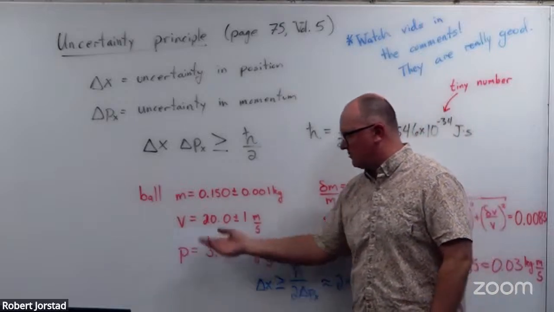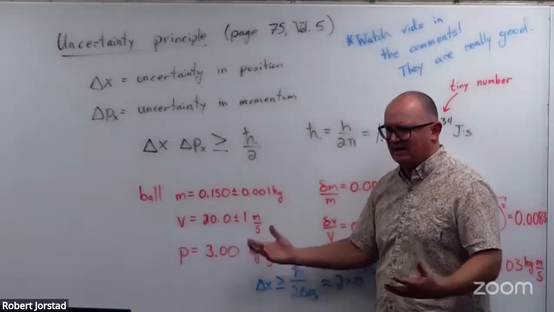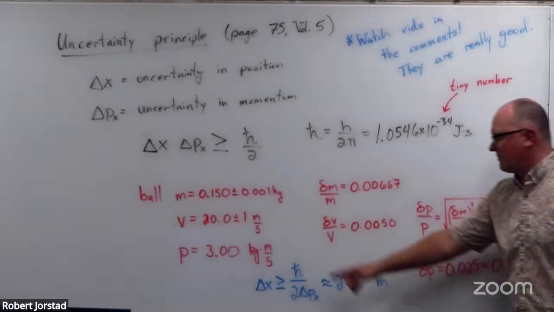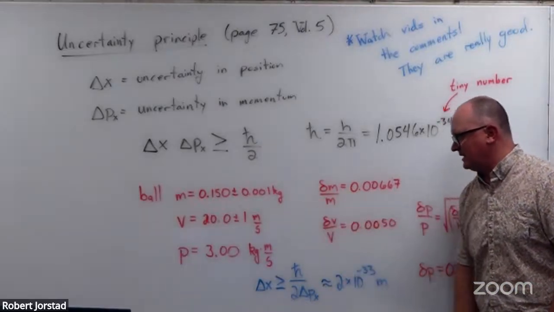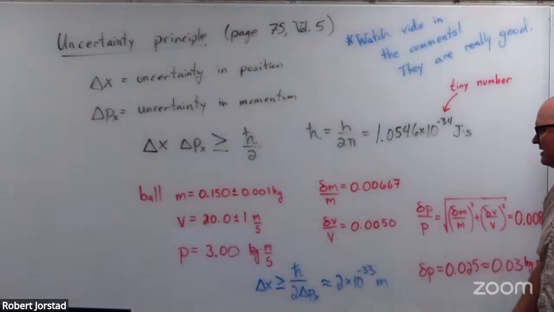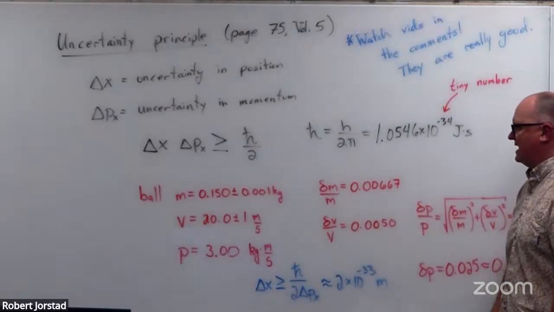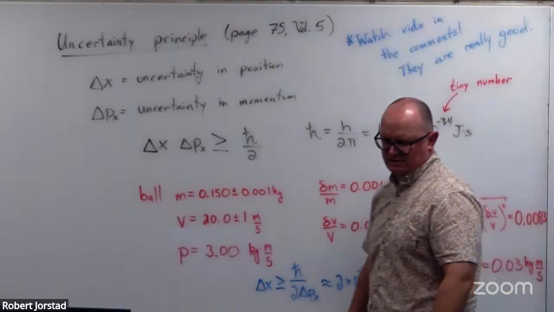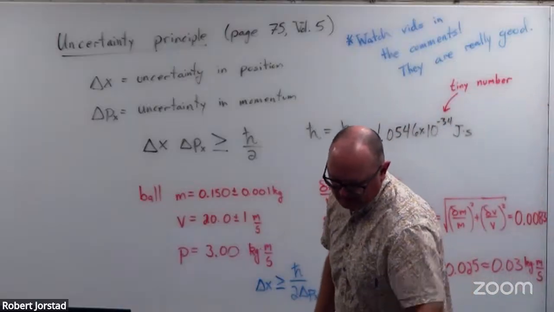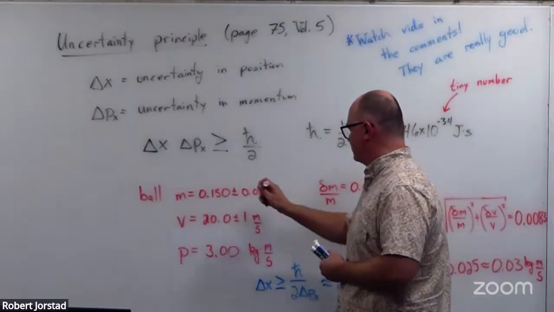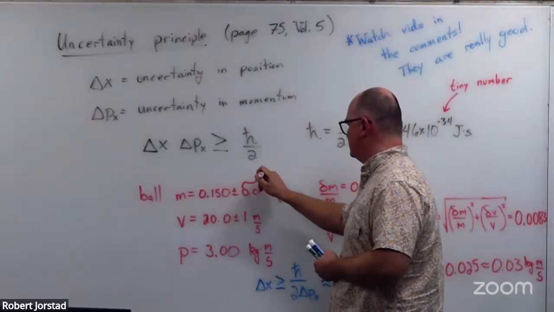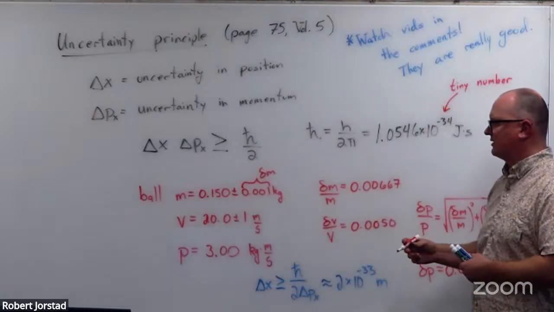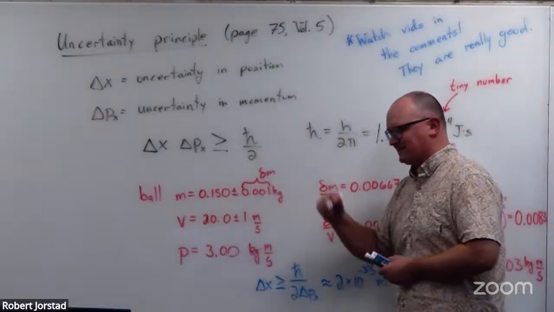Well, that means the momentum here is 3, but what's the uncertainty in that measurement? Doing our lab techniques, error analysis: if we assume the mass measurement is independent from the velocity measurement and the errors don't combine, this is the fractional error in mass. Notice there's no units, kilograms over kilograms. Just to be clear, in case you've forgotten your error analysis, this term right here is delta mass. It's 0.001 kilograms, so basically it's 150 grams plus or minus a gram.